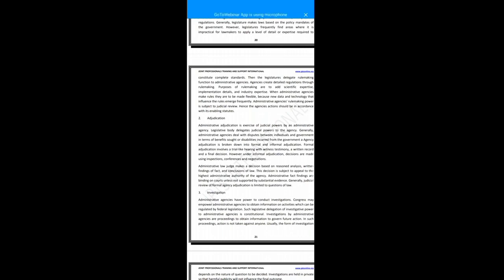Let's look at the major antitrust laws. We have three major antitrust laws: the Sherman Antitrust Act, the Clayton Act, and the Federal Trade Commission Act. The Sherman Act outlaws all contracts, combinations, and conspiracies that unreasonably restrain interstate and foreign trade.